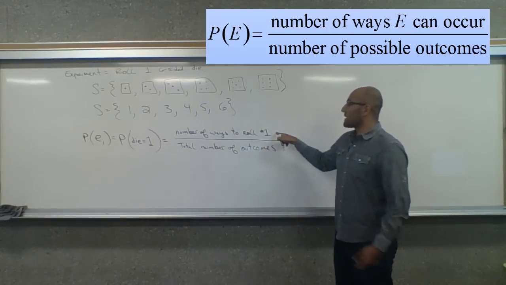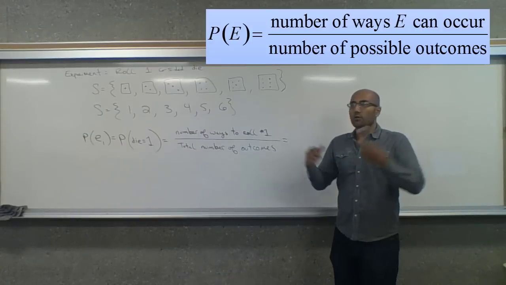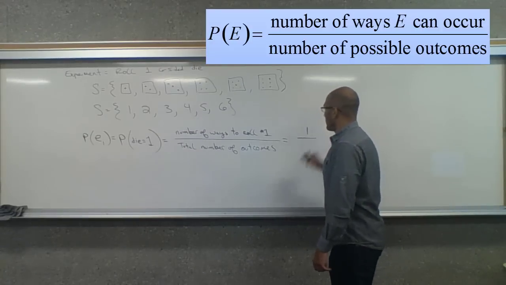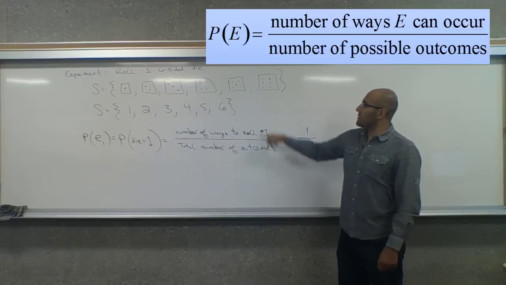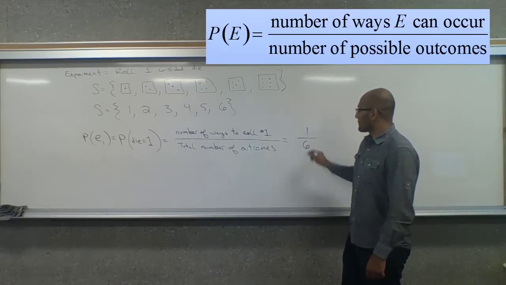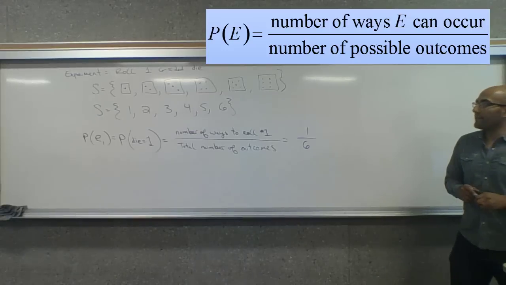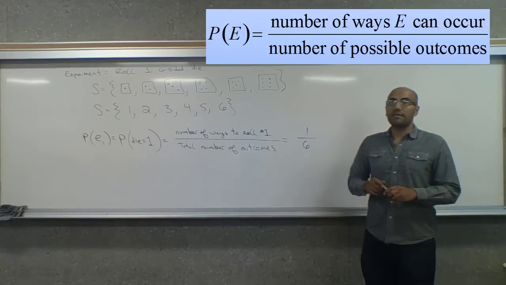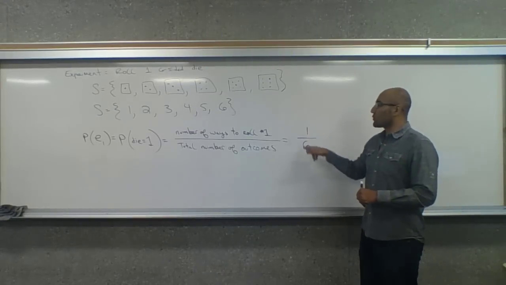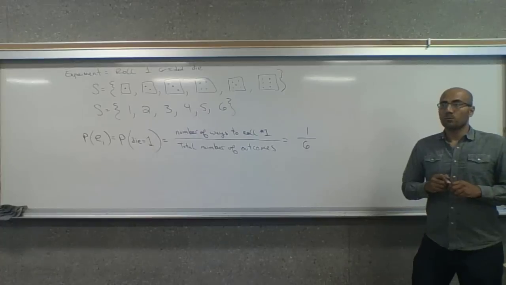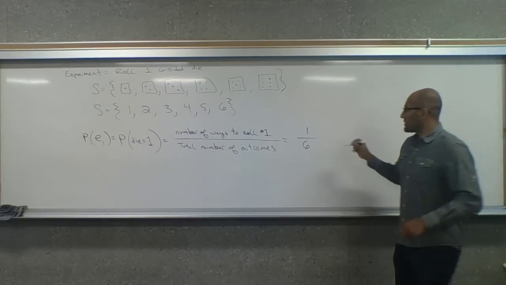Okay, well that seems kind of silly. How many ways can you roll a 1? Well, there's only 1. And what is the total number of outcomes? Well, there are 6 of them. So in this case, the probability that simple event E sub 1 occurs is equal to 1 out of 6. Good? Questions, comments?